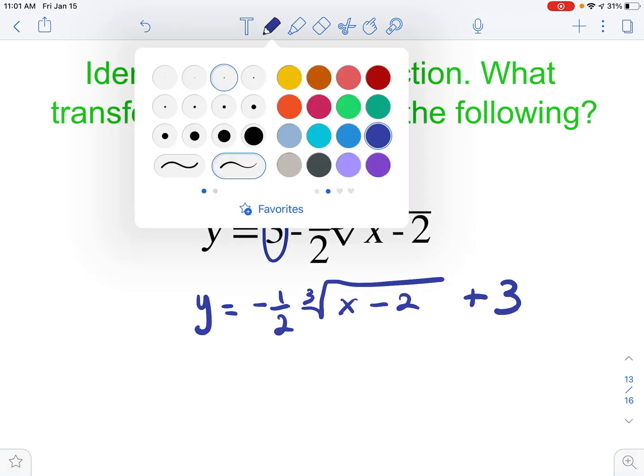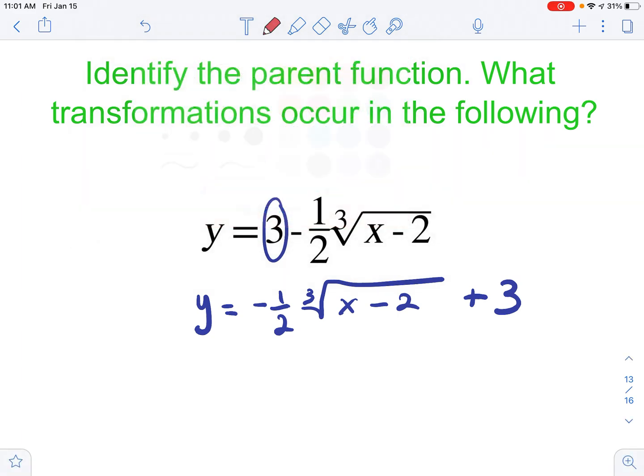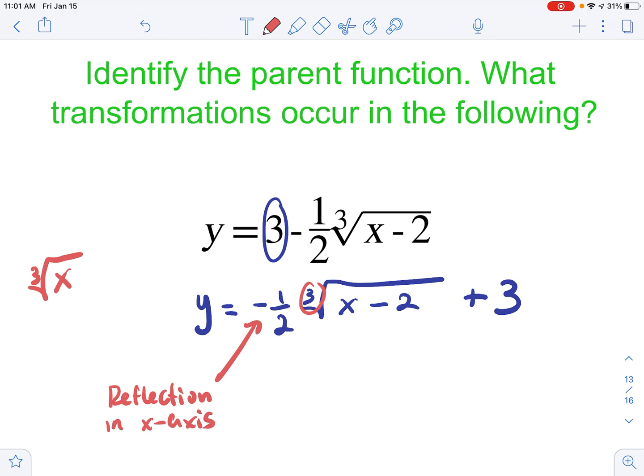So now from here, we should be able to identify all the transformations that are occurring because each number stands for something else. So the parent function is the cube root of x. So that's where this number comes in. This negative tells me we have a reflection in the x-axis, right? Because we're multiplying by a minus. This 1/2 is going to tell me that I have a vertical compression of 1/2.